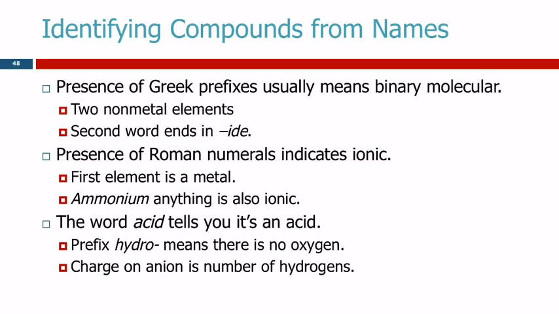Then the question is, what kind of an acid? If it starts with hydro, then there's no oxygen in it. It's just a binary acid. If it doesn't say hydro, then it's going to be an oxy acid. And the charge on the anion is going to tell you how many hydrogens you need. Okay, that's enough to make you really dangerous.